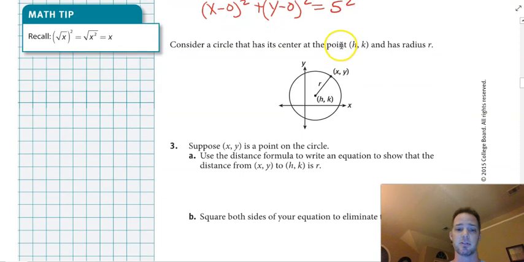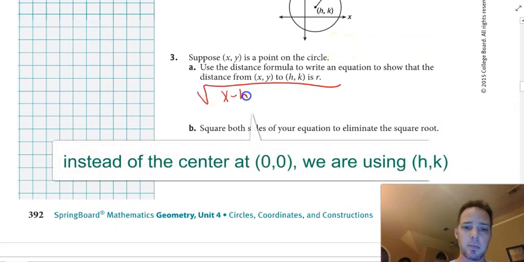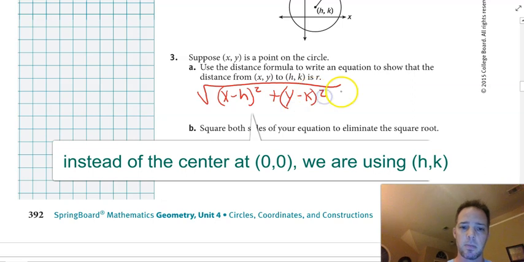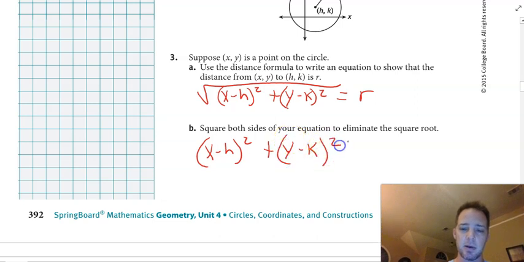So instead of a 5, we'll just use the radius of r. So use the distance formula, same thing. You square both sides, we get x minus h squared plus y minus k squared equals r squared.